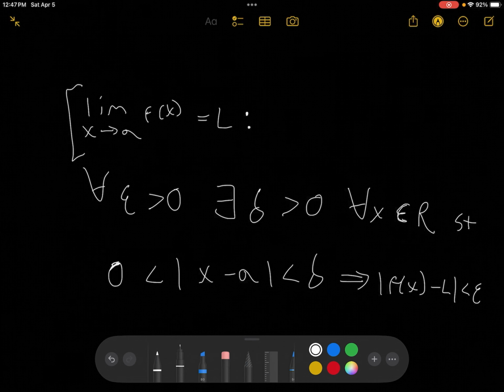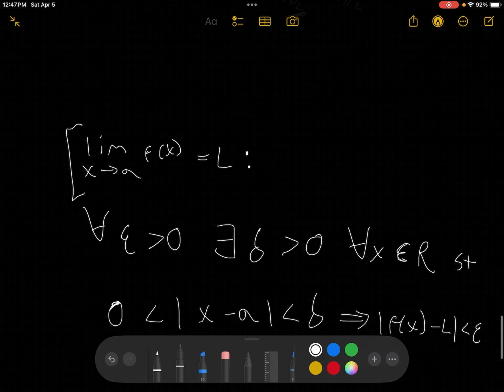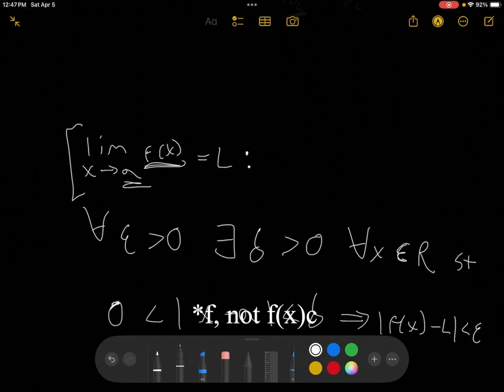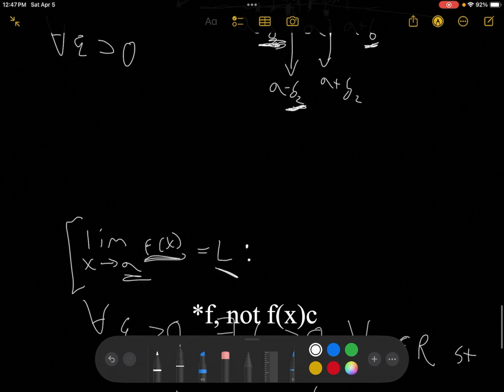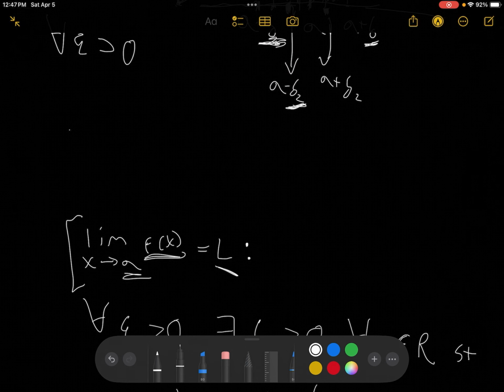But before we reach this point, we should explain what f of x, a, and L are. Let's first write that a and L are real numbers.